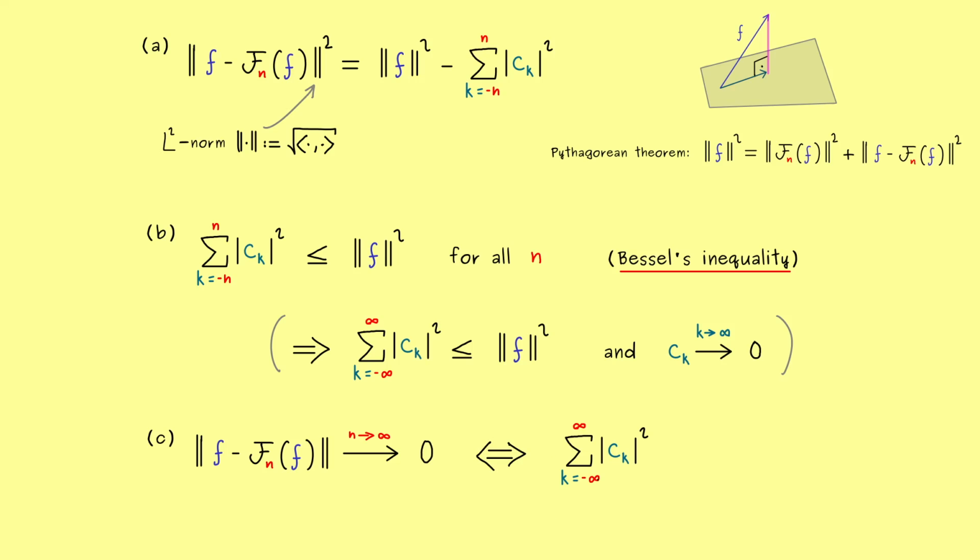Which means that this convergent series is actually equal to the norm of f squared. And also there you should see this equivalence immediately follows from the formula we have in a. Hence essentially everything we have written down here follows from the Pythagorean theorem in any inner product space.